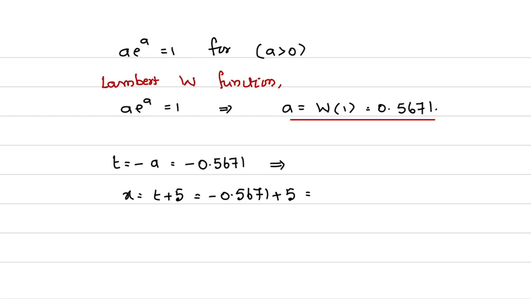What is 5 minus 0.5671? It is 4.4329. That means the answer is x is equal to 4.4329. It is the answer.